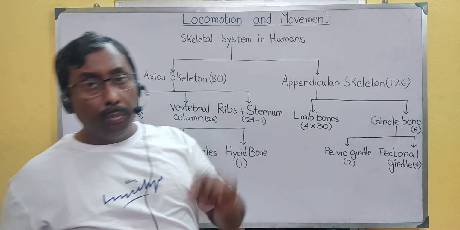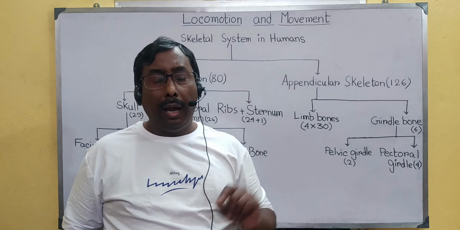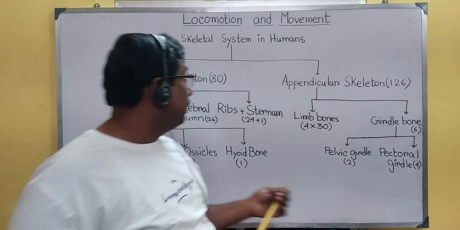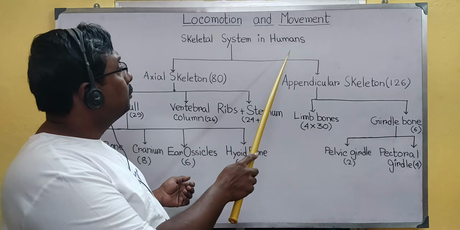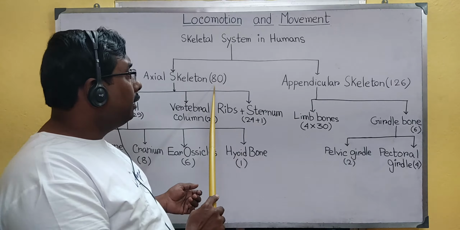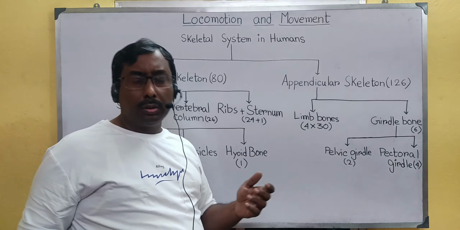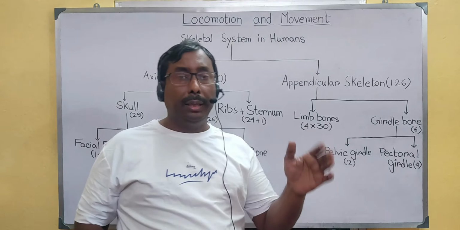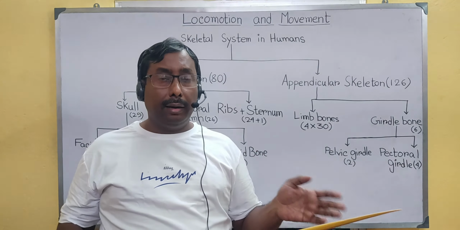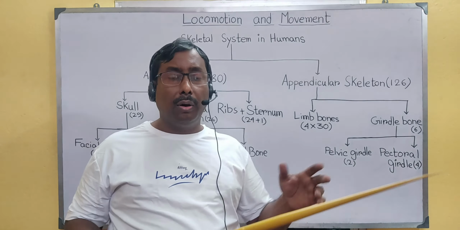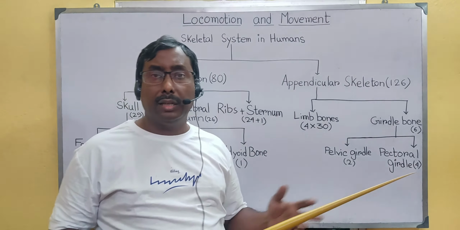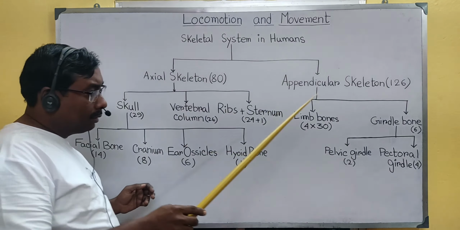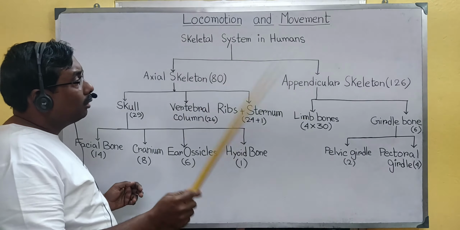Now let's look at how many bones there are in each part. First, the total skeletal system of humans contains 80 plus 126, that is 206 bones. But in the case of children or babies, they have more bones. Later, the bones fuse to form ultimately 206 bones in adults.